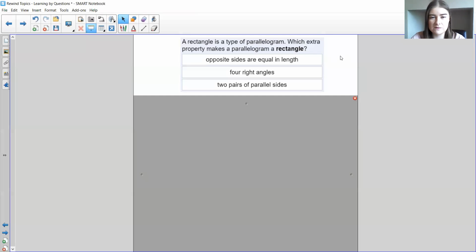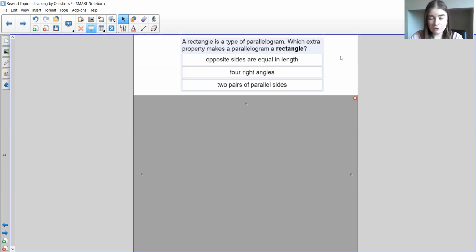Okay, so I've kind of confused myself with this question, guys. So let's just have a little look. A rectangle is a parallelogram. Which extra property makes the parallelogram a rectangle? Opposite sides are equal in length. Yep. 4 right angles. Yep. And 2 pairs of parallel sides.